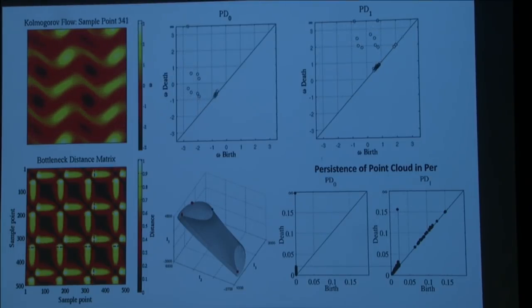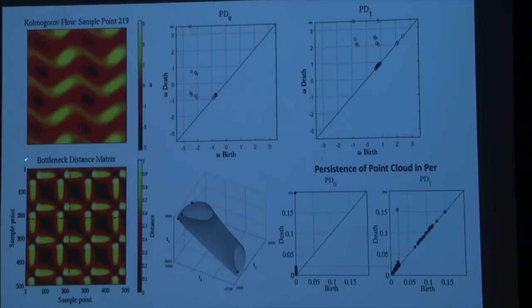Yeah? I guess I'm puzzled by that picture in the lower left. Maybe you don't want me to think about it, but the bottleneck distance seems like these sample points look very similar in terms of their homology. So why can't you get such different? So this is the bottleneck distance between pairwise selections of persistence diagrams.